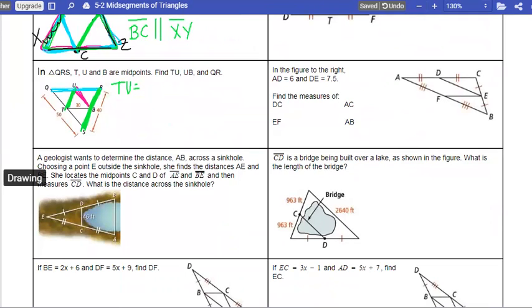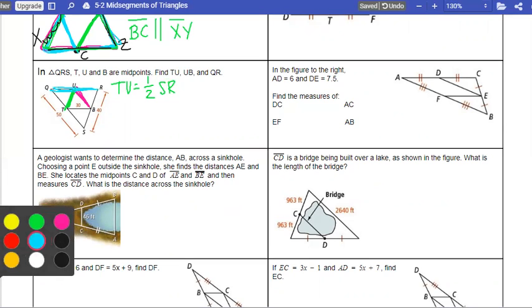So TU is half as long as SR. Well, we know that SR is 40. So TU equals 1/2 of 40. What is half of 40? So 40 divided by 2. TU is equal to 20.